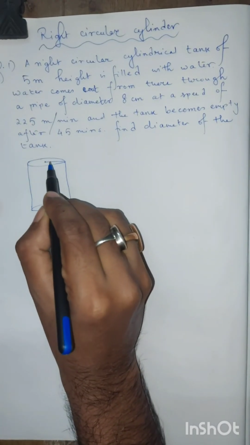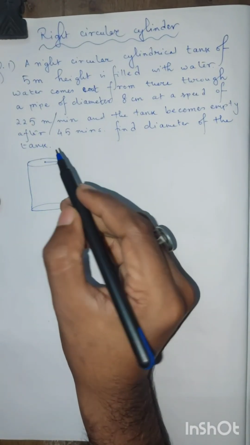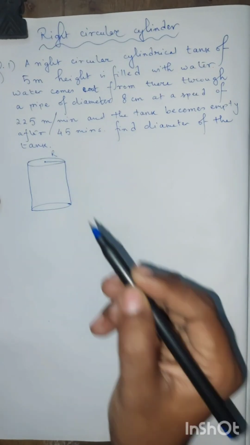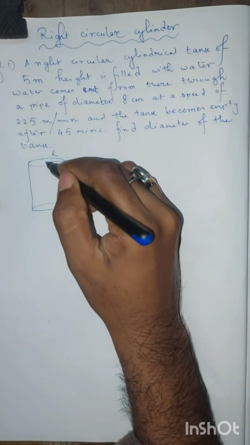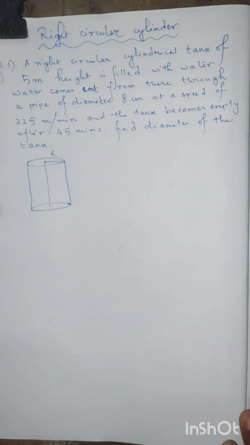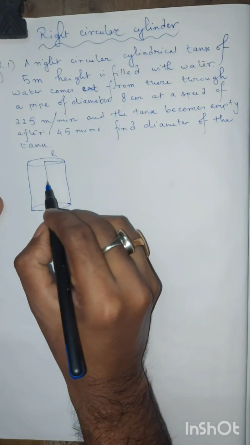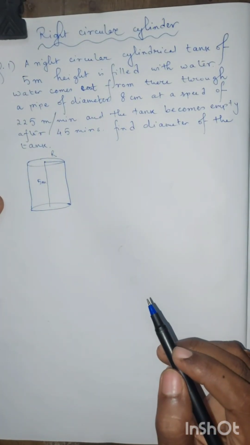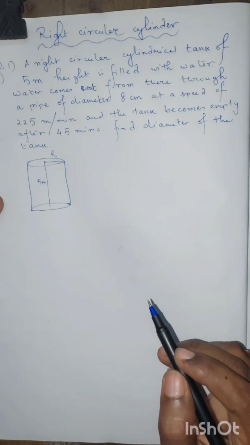Let the radius of the tank be r and its height is 5 meter. It is given, the height is given, which is 5 meter. It is filled with water. Water comes out from there through a pipe of diameter 8 centimeter.